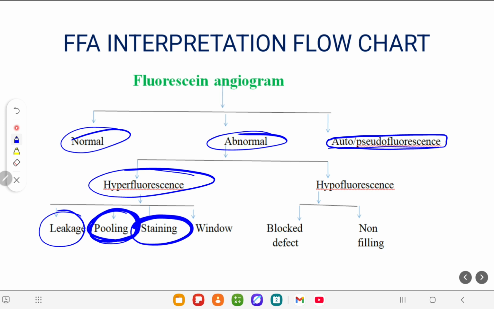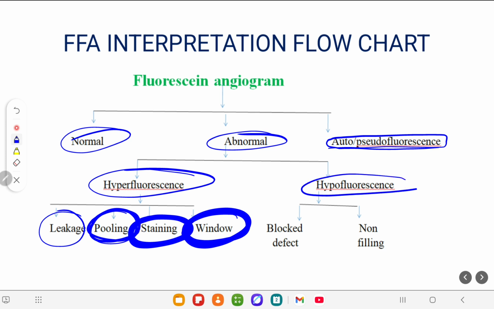Staining means a particular structure is stained by the fluorescence. Or window defect. Window defect is a very fascinating defect, which means there is something hiding behind, but now this hiding thing is open, like a black glass window now opened. What is that black glass in our retina? It is the RPE. We'll definitely talk about window defect.